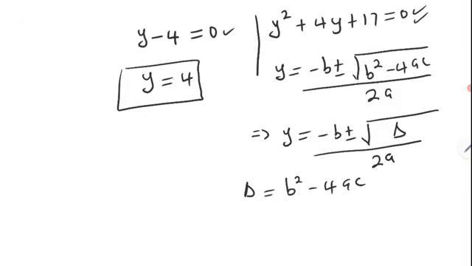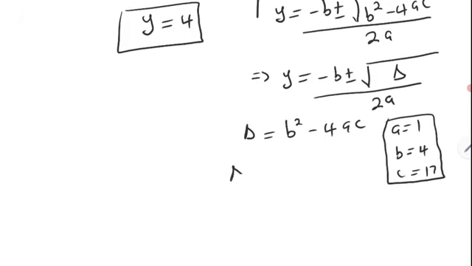From this equation, a is equal to 1, b is equal to 4, and c is equal to 17. Discriminant d is equal to b square, that is 4 square, minus 4 multiplied by a which is 1 multiplied by c which is 17.